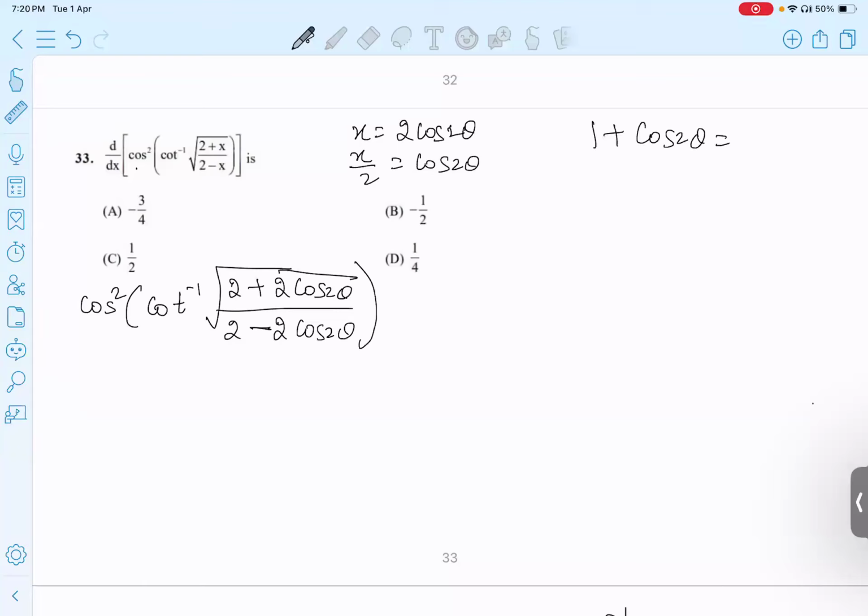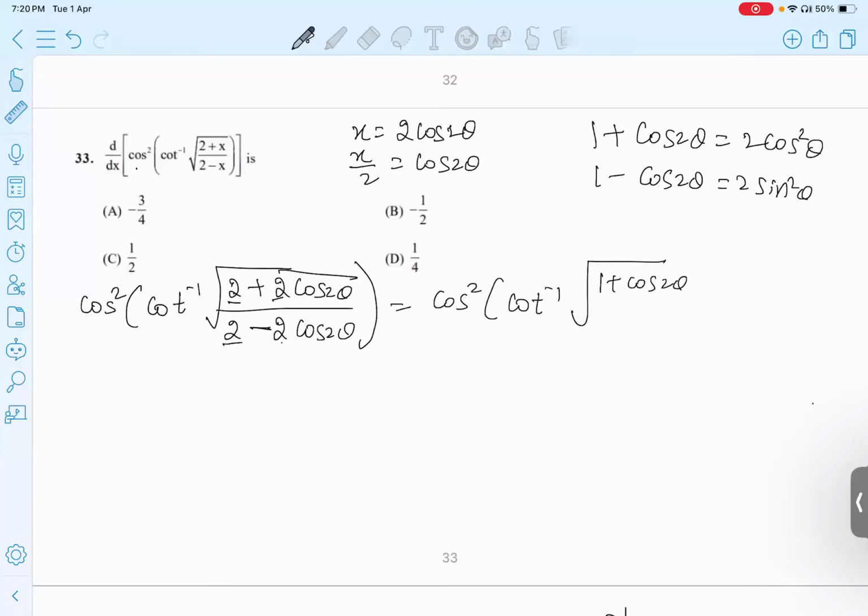I told you in one of the previous problems, 1 plus cos 2 theta is 2 cos square theta. 1 minus cos 2 theta is 2 sin square theta. In the numerator, I can take 2 as common. In the denominator also, I can take 2 as common. So those two will be cancelled, so that I'll be getting only 1 plus cos 2 theta divided by 1 minus cos 2 theta.